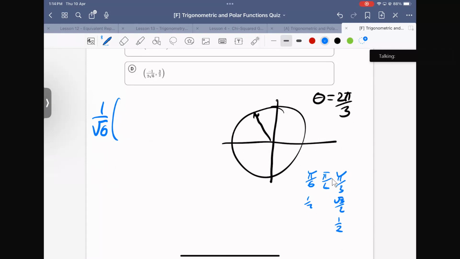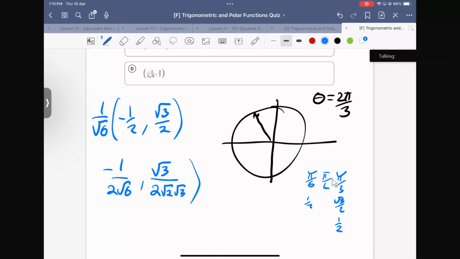So then switching it across, our cosine value is going to be minus a half. Our sine value is going to be root 3 over 2. Expanding our bracket, we get minus 1 over 2 root 6, and we get root 3 over 2. And I'm going to write that as root 2 root 3 instead of root 6. It'll help me simplify. So cut those off.